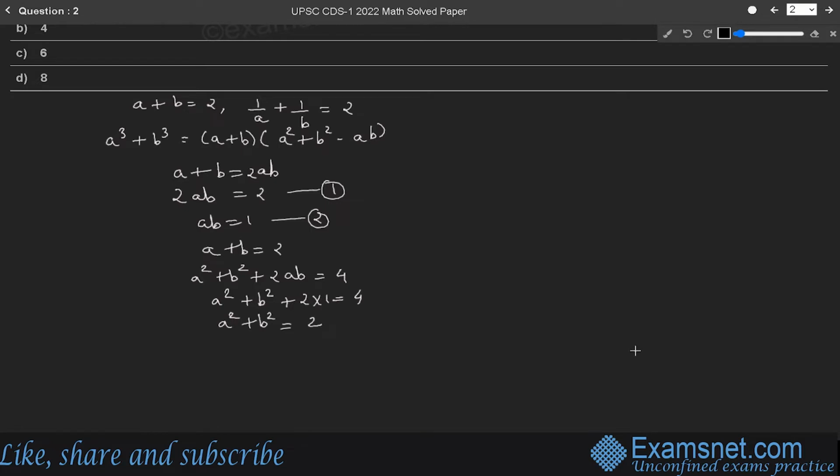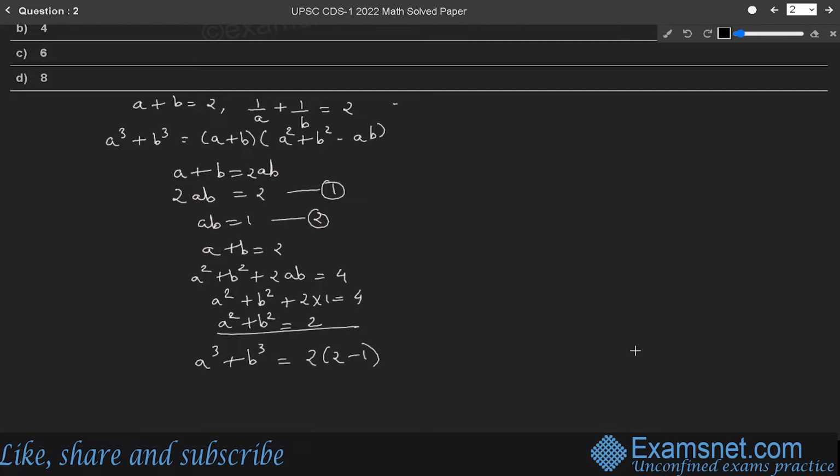Now according to the formula for A cube plus B cube, from equation 1, 2 and the third part which we have solved now, which is A square plus B square is equal to 2, we can say that A cube plus B cube will be equal to 2 into (2 minus 1).